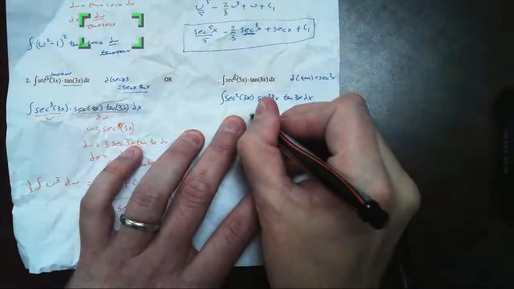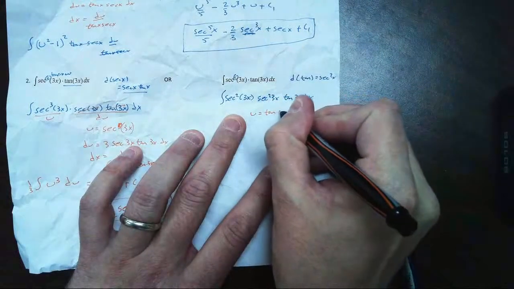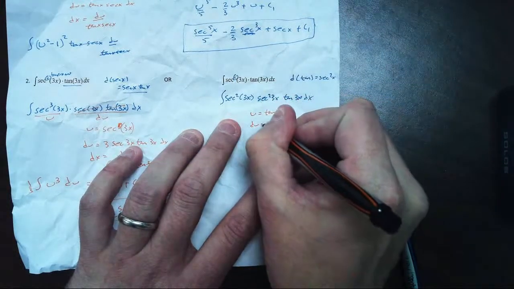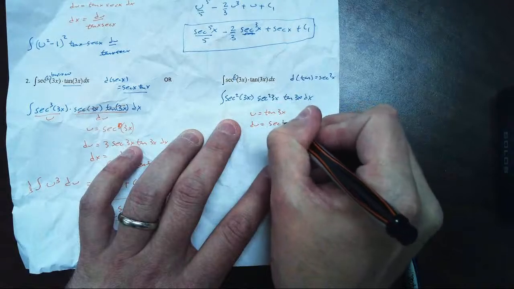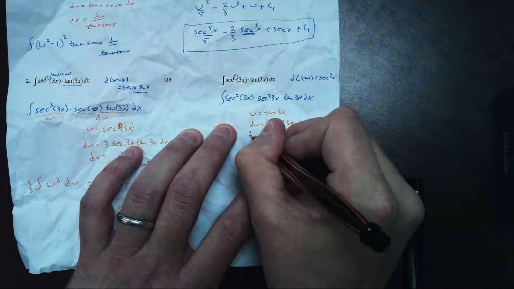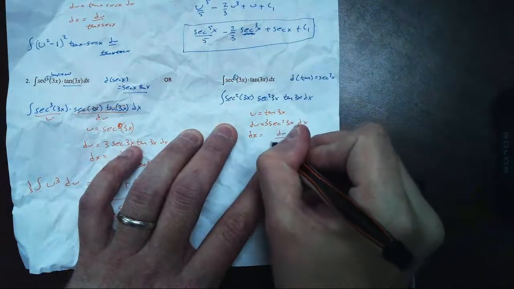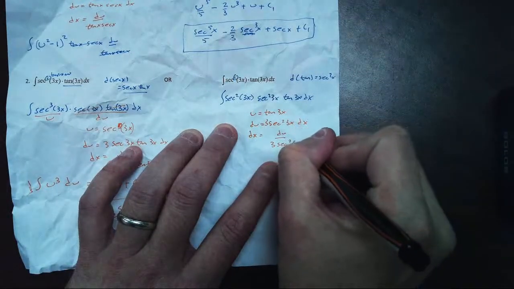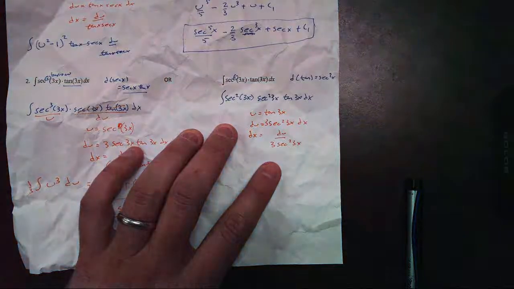And now I'm going to use substitution again, but this time I'm going to let u equal the tangent of 3x. Its derivative is secant squared of 3x times 3, don't forget chain rule, dx, and I get dx equals du over 3 secant squared of 3x.